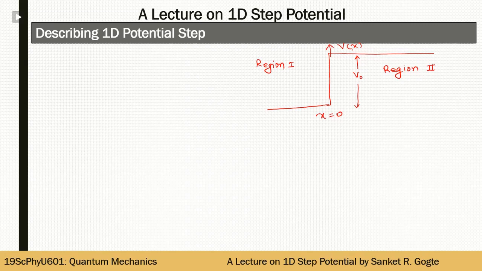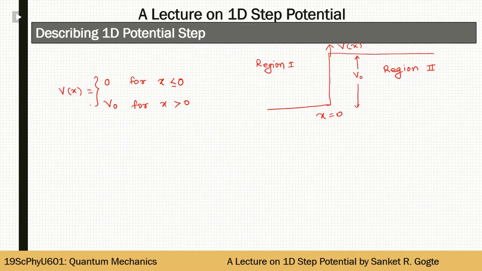So we can see that at x is equal to 0 we have a discontinuity, and therefore while writing the equation we have to write it in two parts, and this can be mathematically written like this: V of x is equal to 0 for x less than or equal to 0, and V of x is equal to V0, a constant value, for x greater than 0.